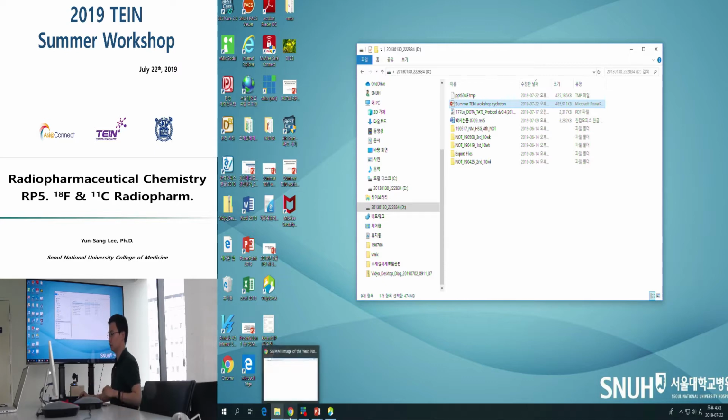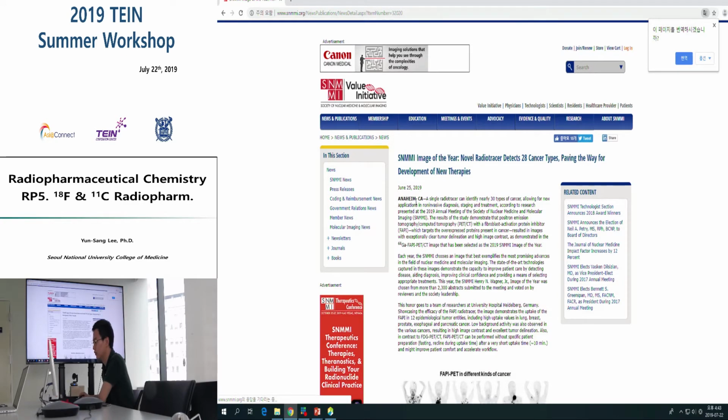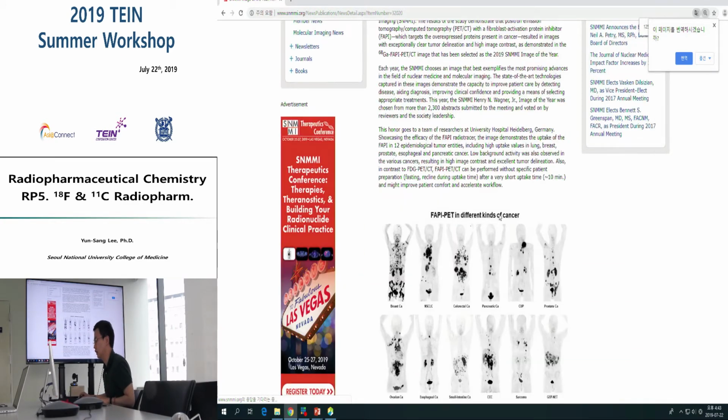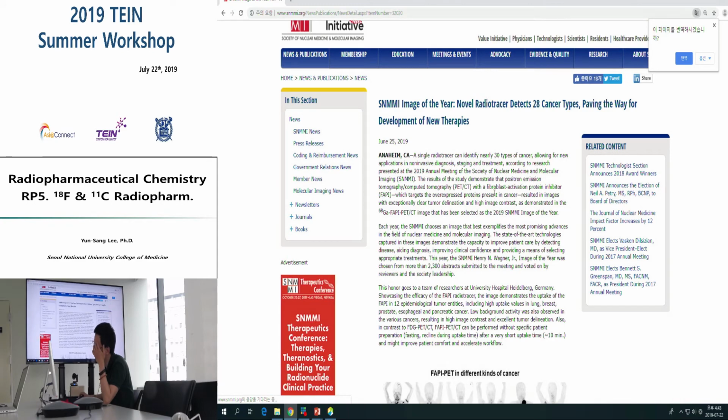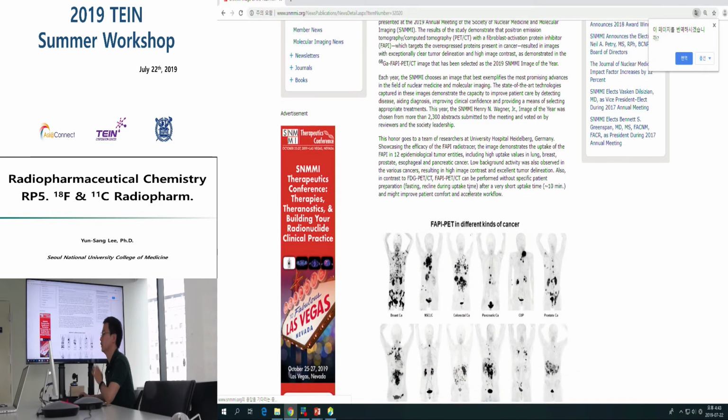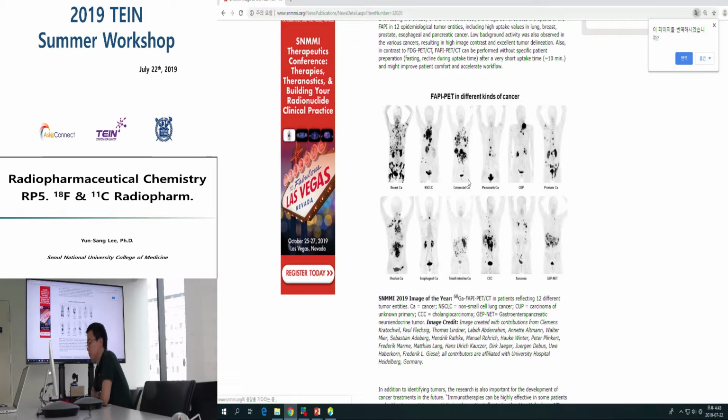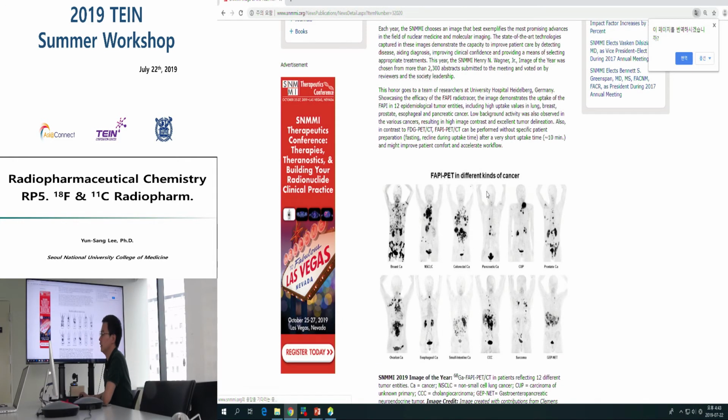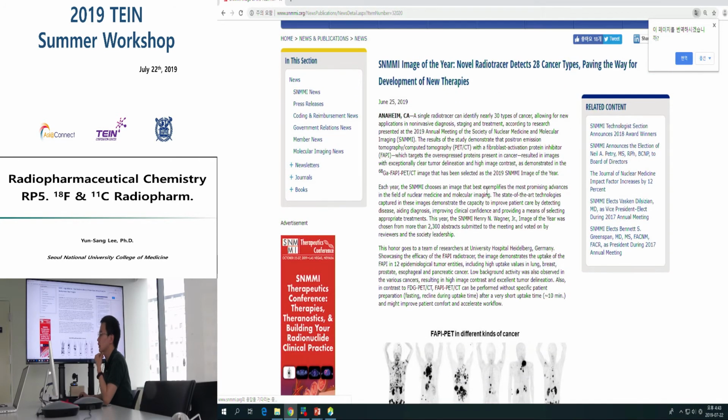Hello, before starting, I would like to show one image. This is the 2019 Image of the Year from SNMMI, but I forgot to introduce this imaging agent at the last lecture. This agent is an imaging agent targeting tumor-related fibroblast activation.